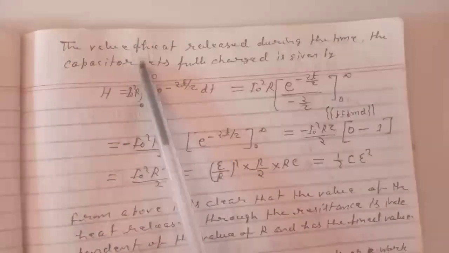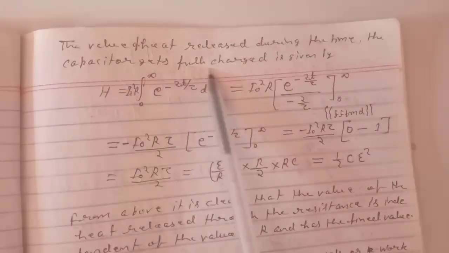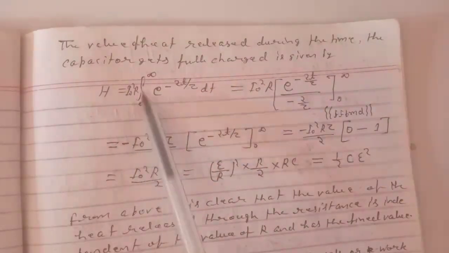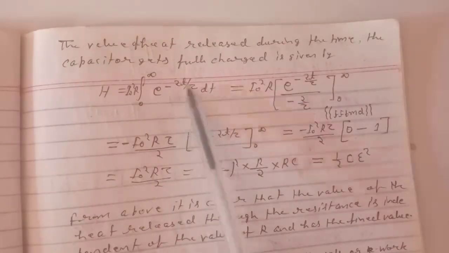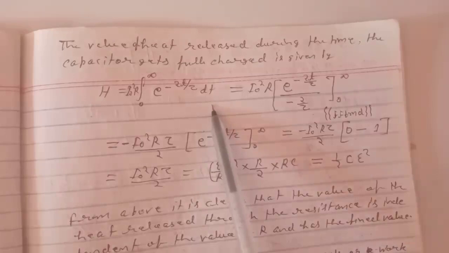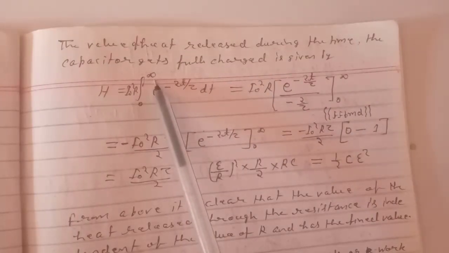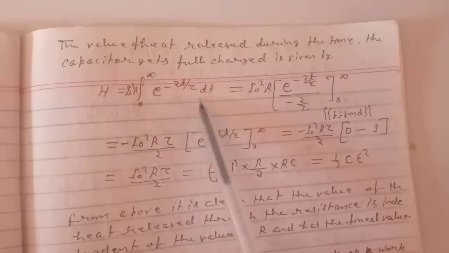The value of heat released during the time the capacitor gets fully charged is given by H equals I naught square R, integration 0 to infinity e to the power minus 2t by tau into dt. Here time is taken infinity because the capacitor becomes fully charged after infinite time.